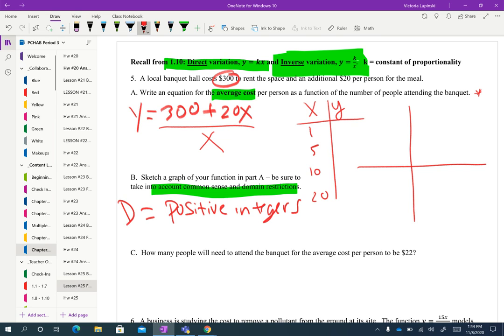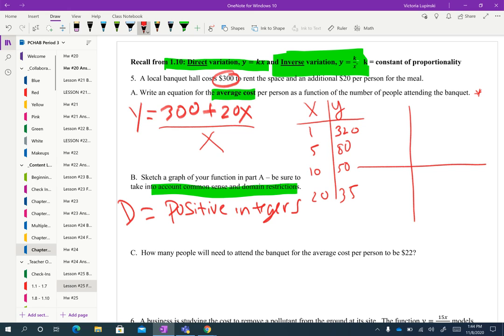So if you're the only person, you're going to have to pay $300 to rent it out, $20 to eat, and unfortunately, you're going to have to pay the total bill. If you plug a 5 in for all the x's, then it's $80 a person. 10 would be $50 a person, and 20 would be $35 per person. So you can see that the average cost is going down the more people that you have attend.